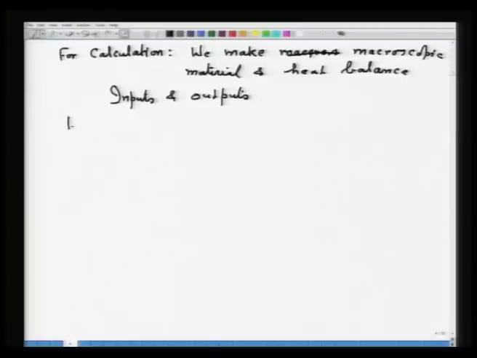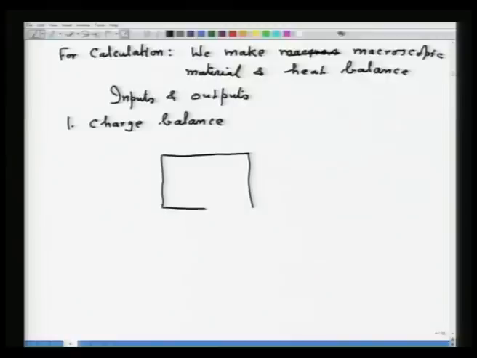Now, what will be our objective of this calculation? First we would like to calculate the charge balance. Let me again draw a material balance type of box. So, this is my reactor, here my inputs and here I have outputs.